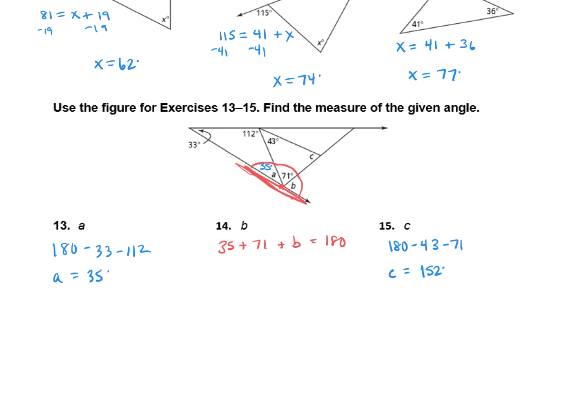That's just our angle addition postulate where smaller angles will add up to the big angle measure. So 35 plus 71, we have 106 plus angle B equals 180. Let's subtract 106 from both sides, and we're getting angle B to equal 74 degrees. And there we have angles A, B, and C.